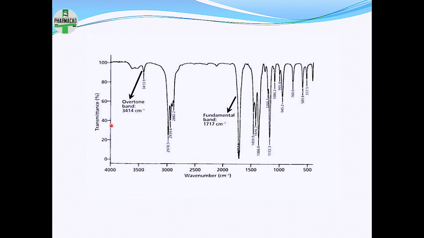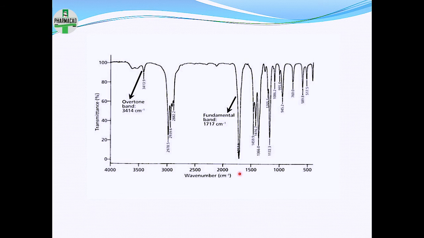So that is the reason why we are getting these types of inverted peaks in our IR spectra. So IR spectroscopy basically deals with percent transmittance on the y-axis, whereas on the x-axis we have the wave numbers. So here you can see we have the fundamental bands here and we have the overtone bands here.